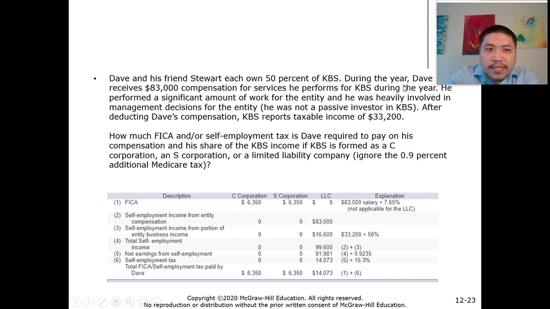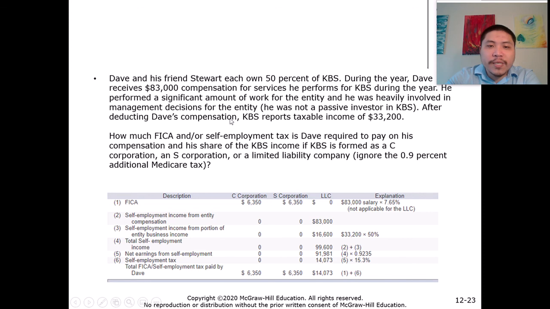During the year, Dave received $83,000 compensation for services he performed for KBS. He performed a significant amount of work for the entity, and he was heavily involved in management decisions. So basically, he's not a passive investor.